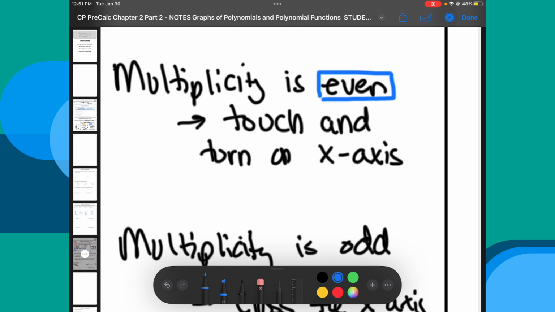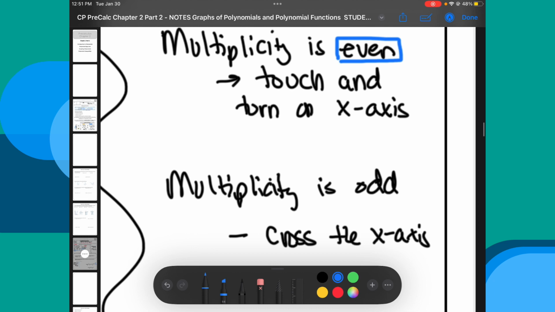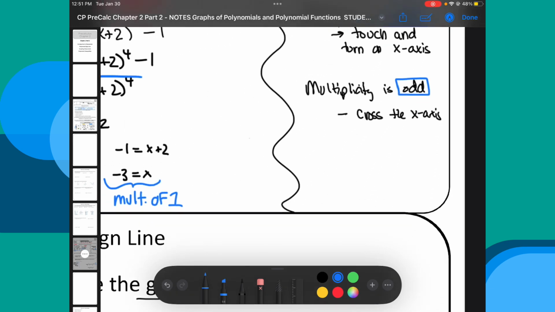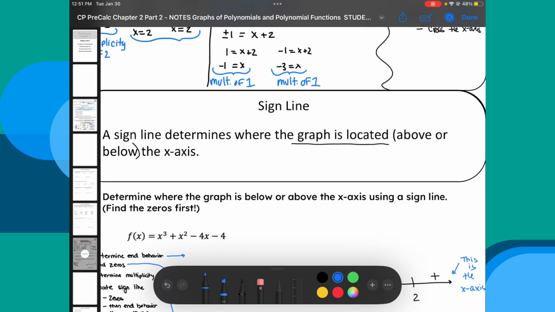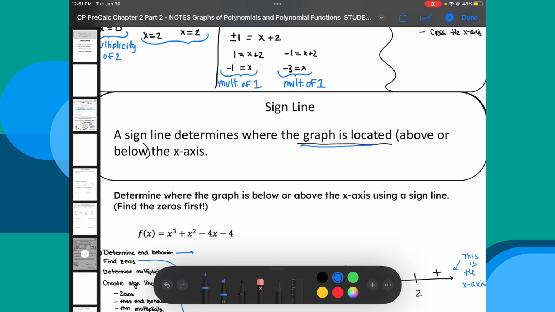So we're not going to cross it, we're just going to touch and turn. When the multiplicity is odd, then we're going to cross over the x-axis. So what does that mean? I'm going to show you what that means with a sign line. So a sign line is going to determine where the graph is located in comparison to the x-axis.